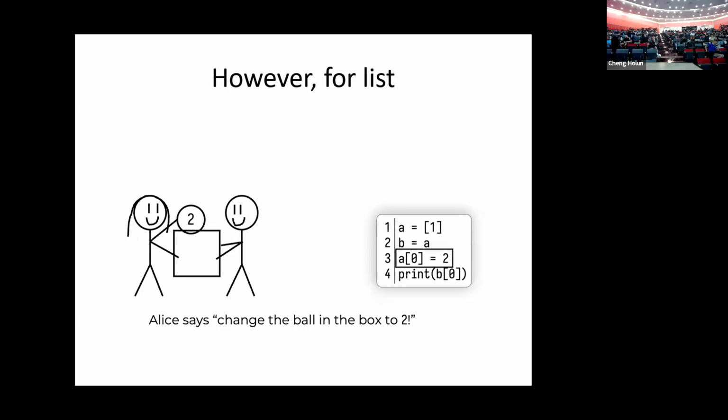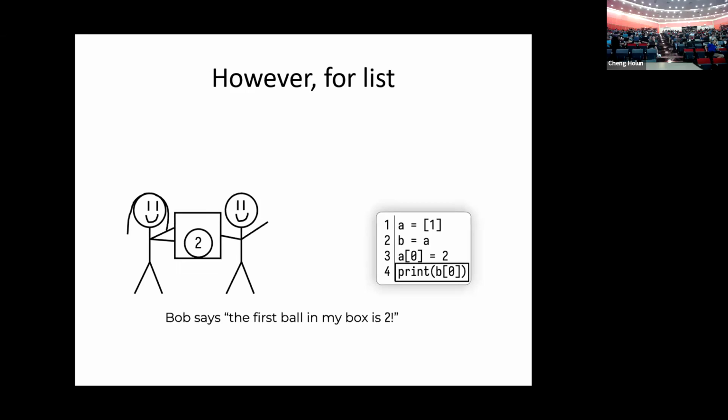But that means if you say A equal to B or list 1 equal to list 2, this will not duplicate the list into a cloning of 2 copies. And that's why in this example, you change Alice. But when you print Bob, what does Bob have? Bob has a box of 2. That is what is happening. Okay? That is the very strange thing about lists. I want you to remember this. If you don't remember or don't understand, don't worry. It's difficult, okay? But this one is a mystery and more mystery coming.